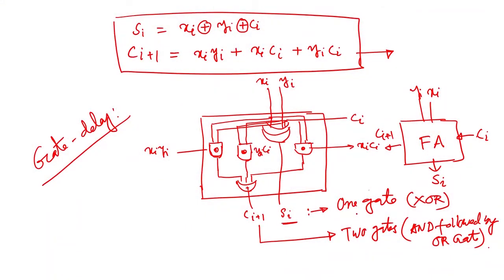So, for the sum it is taking 1 gate, a 3-input XOR gate, because the XOR has 3 inputs. And then for the carry out, the signal goes through an AND gate followed by an OR gate, so it is taking 2 gates, and the sum is taking 1 gate. Okay.